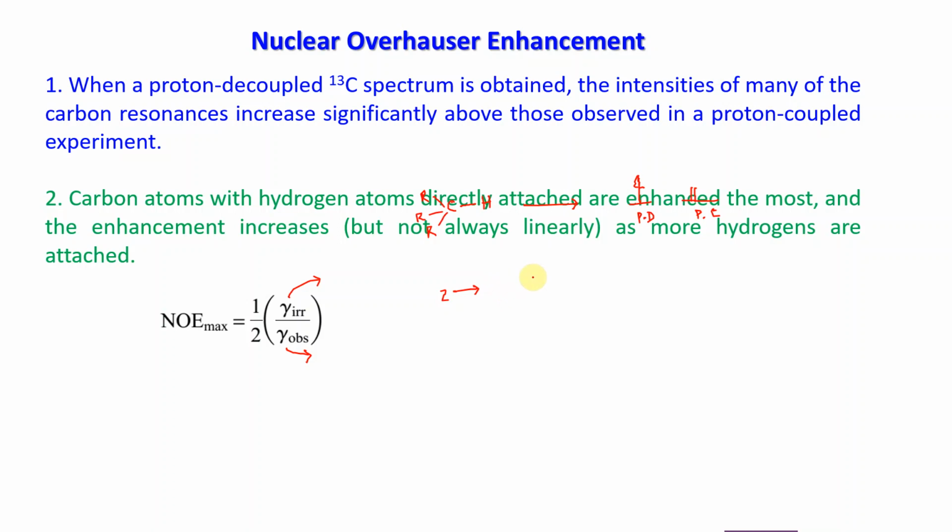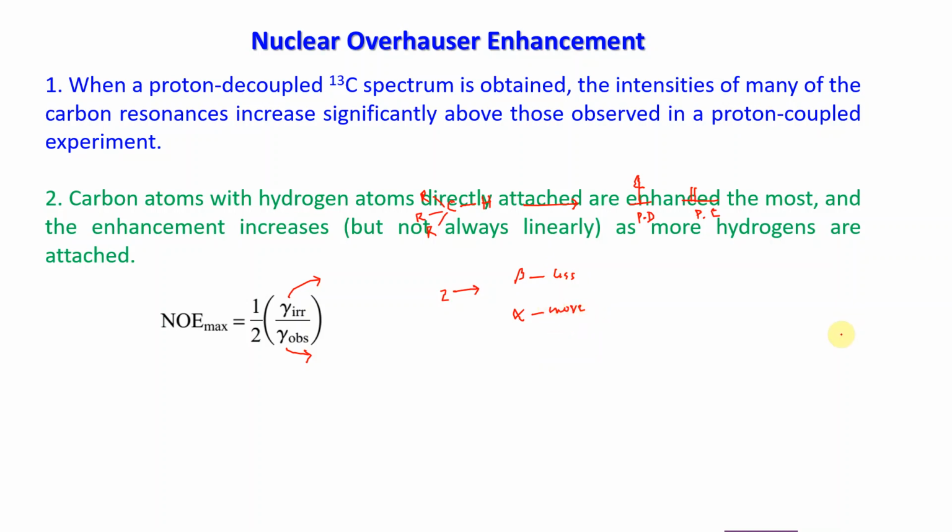That means you have two energy levels, beta and alpha, and at normal equilibrium you have more excess population at the alpha ground state and less population at the beta state, both for carbon and proton.